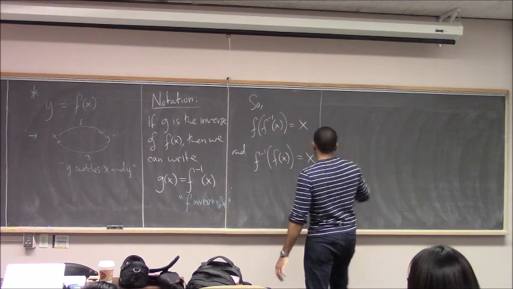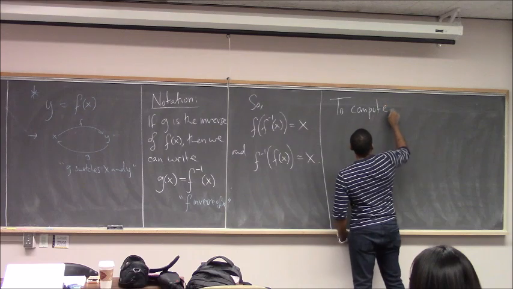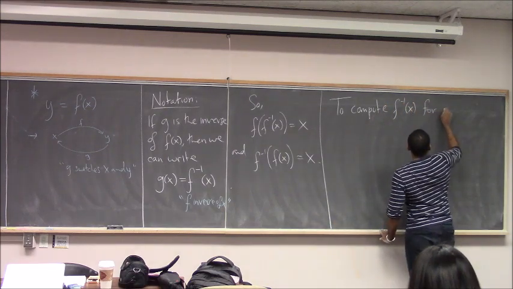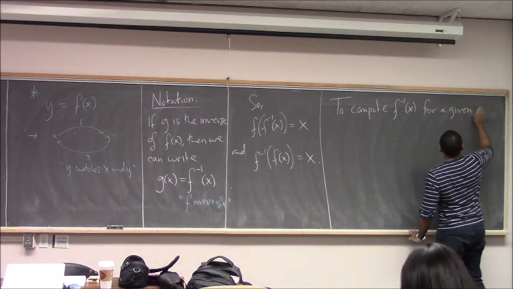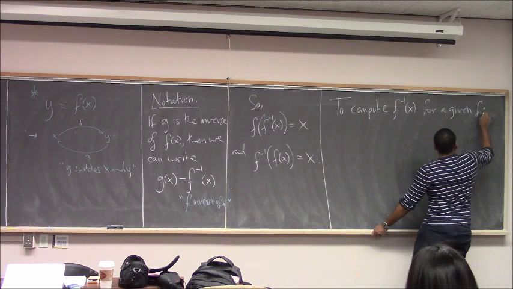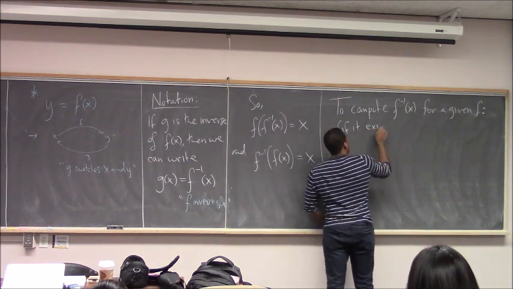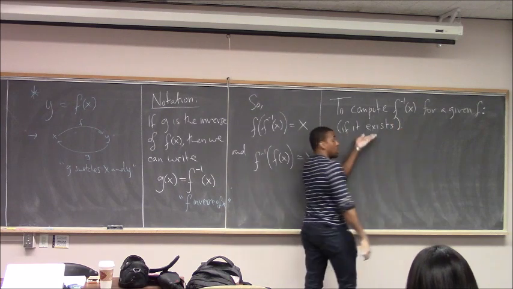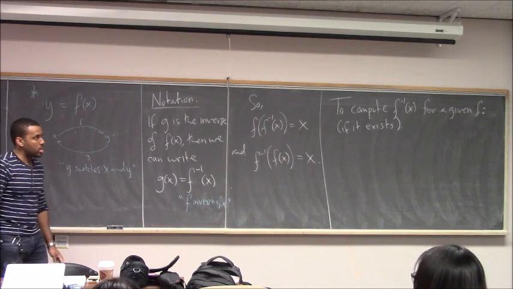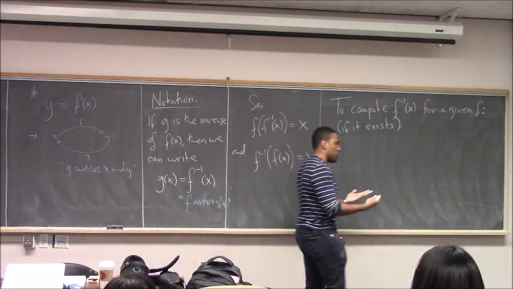Okay, so now, to compute f inverse of x for a given f, if it exists. Turns out not all functions have an inverse. I'll tell you specifically which ones do and which ones don't next time. But let's pretend the function has an inverse. How would you go about actually computing it?